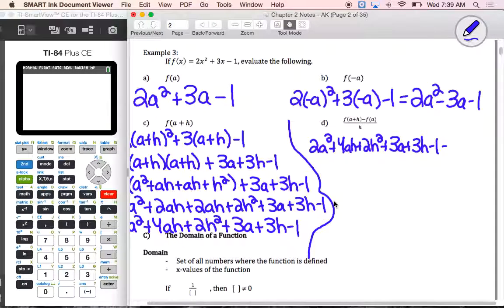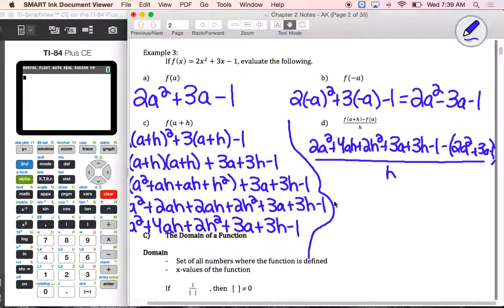And then minus. Now when you subtract, you've got to put parentheses around your chunks, because when you're subtracting two things, that minus has to go into every part. That does say 2a squared plus 3a minus 1. And then you're dividing everything by h.